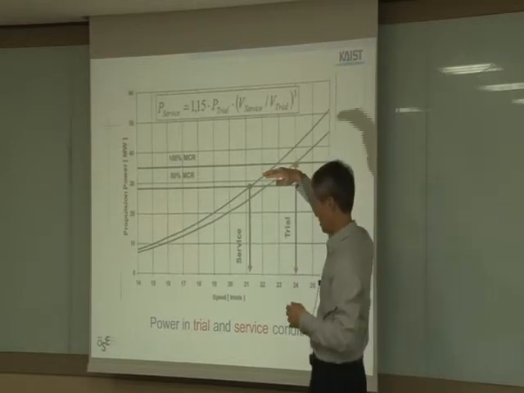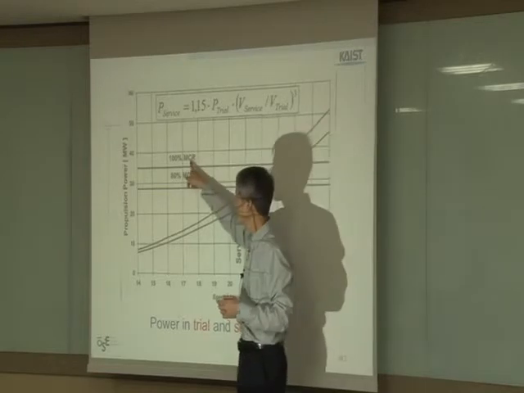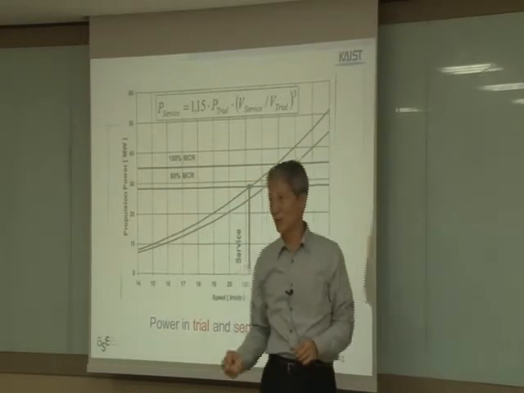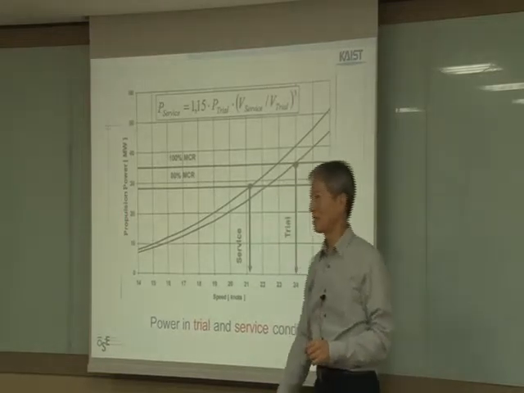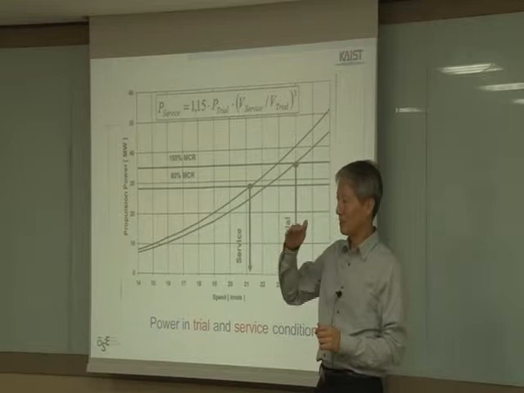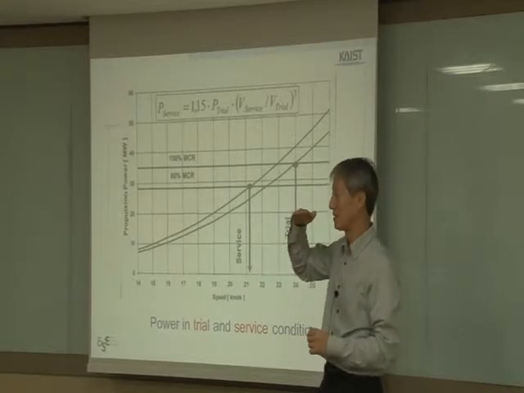So it is the maximum continuous rating. My car may break down if I push 8,000 RPM for 1 hour, so for MCR there should be some limit.